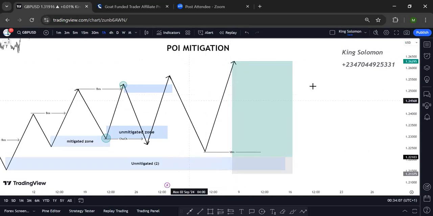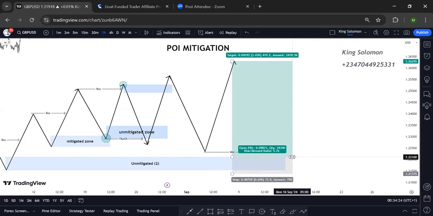So you know that, okay, this is my zone. Even if price comes so close to it without mitigating it, I'm still going to stand on this same zone. But once price steps into the zone and it gets mitigated, then boom, you are good to go. So that's everything I want to share on POI mitigation.